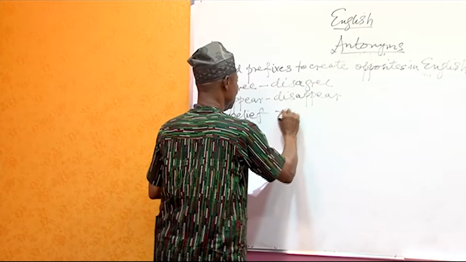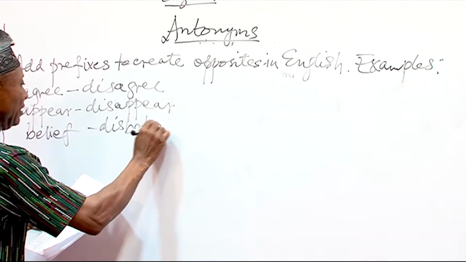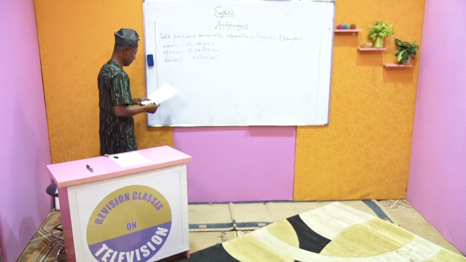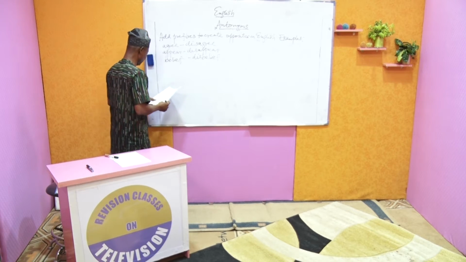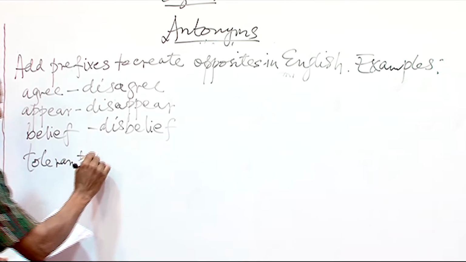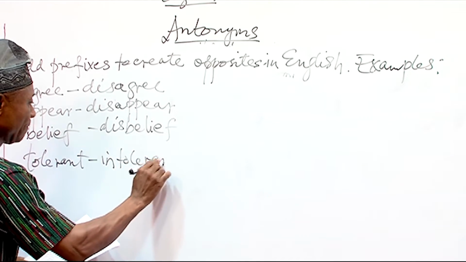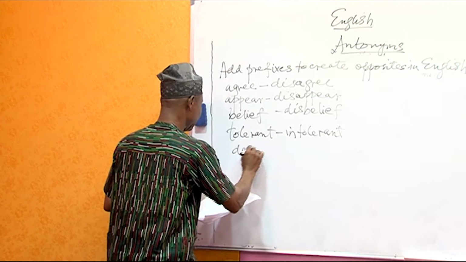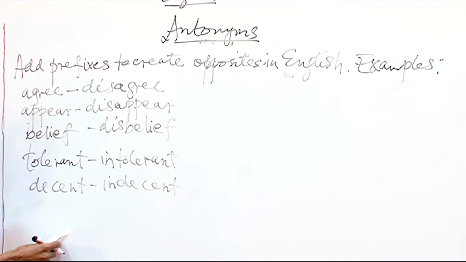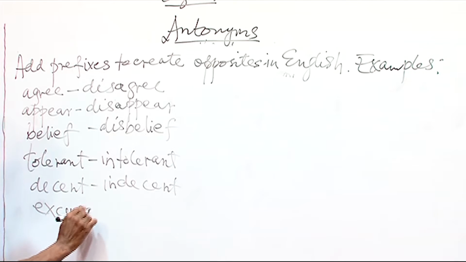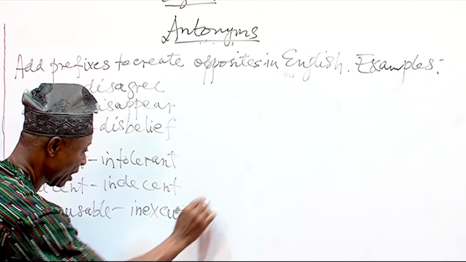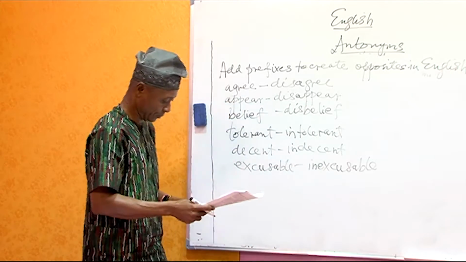The opposite will be disbelieve, etc. Equally, using prefixes to form opposite of words can be seen in the following words. When you have tolerant, you have intolerant. You have decent. You also have indecent as the opposite of the word. You have excusable. You have inexcusable, and so on and so forth.